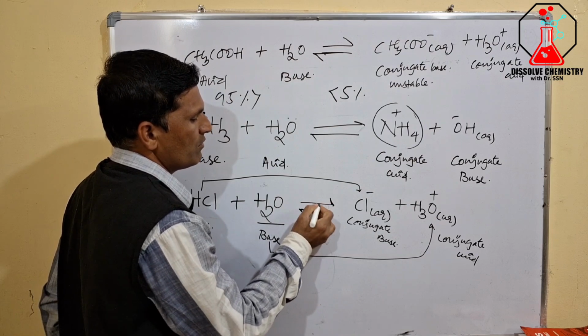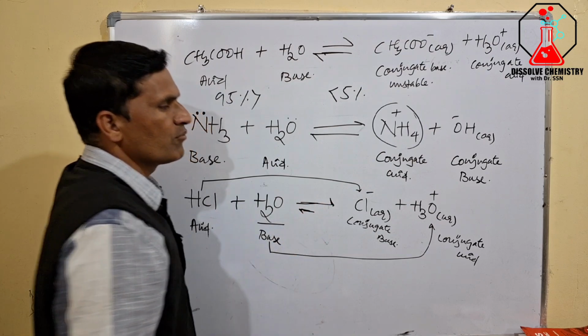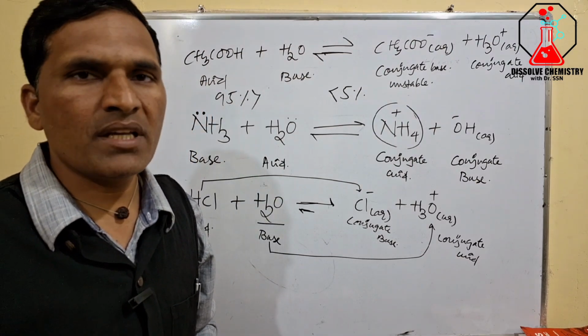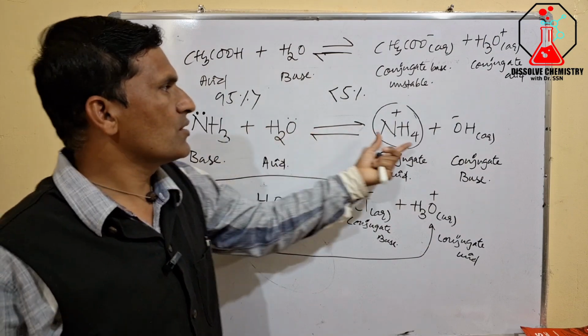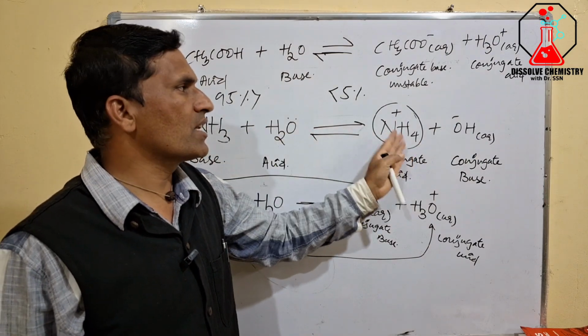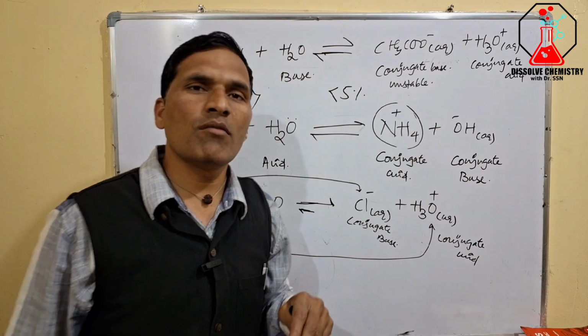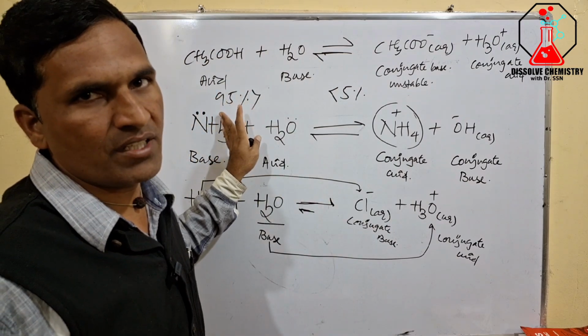Maximum it is in the forward direction, right? So that is what we call conjugate acid base pair. And for ammonia, its conjugate acid is highly unstable, it will give back the proton, so maximum you will be finding it in the form of ammonia, which means it is a weak base.